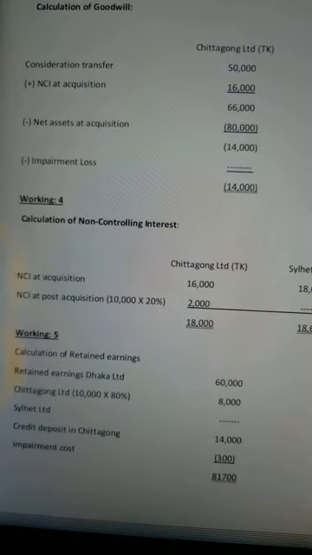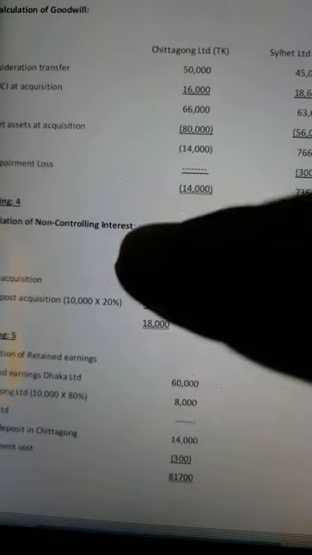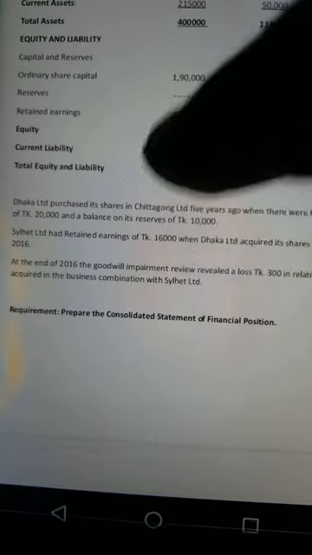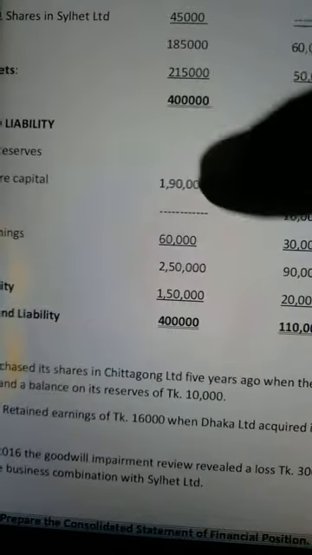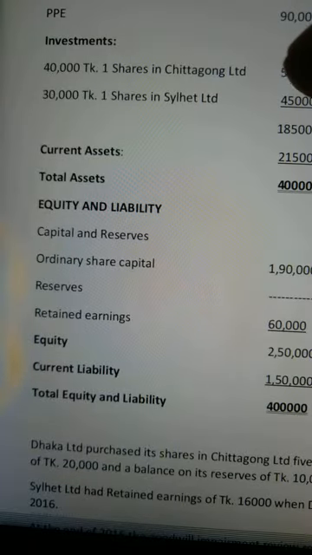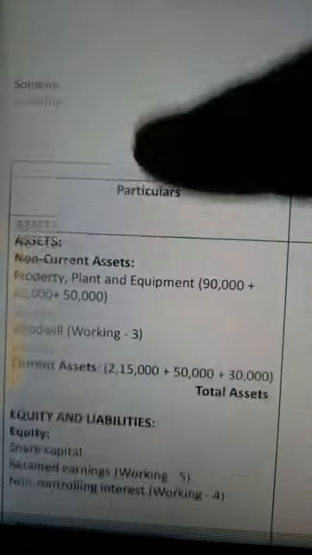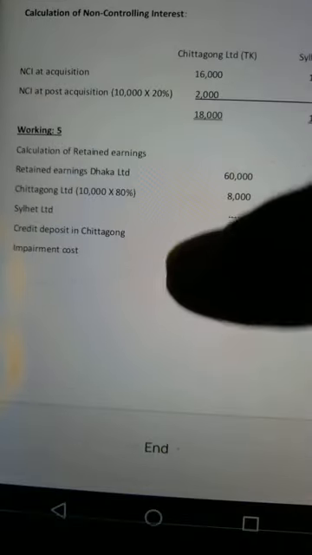Then we need to write the consideration transferred, which is 50,000 and 45,000. Consideration transferred actually means investments. So we have to write these values here in working number 3.